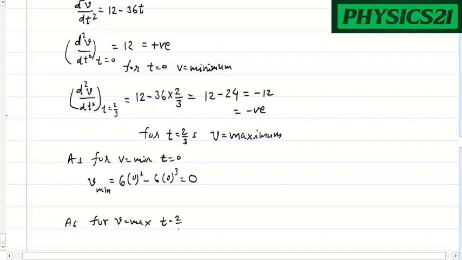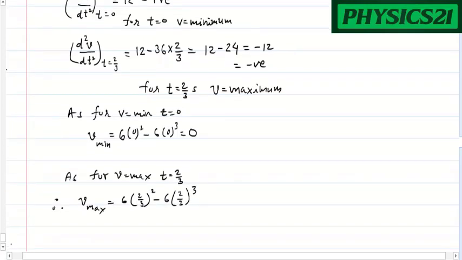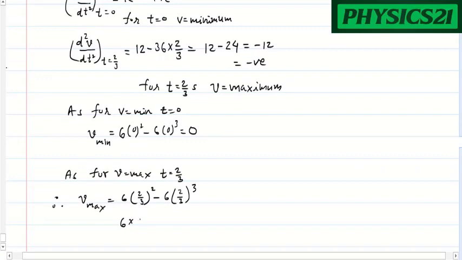Now maximum velocity: v max equals 6 times (2/3) whole squared minus 6 times (2/3) whole cubed. Now simplified, 6 multiplied by 4 by 9 minus 6 multiplied by 8 by 27.